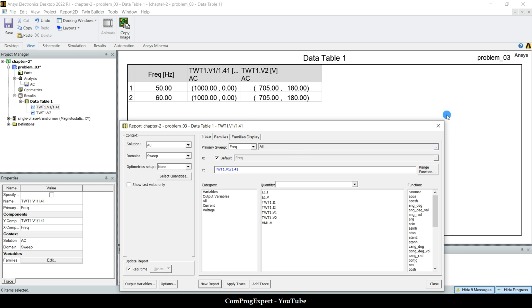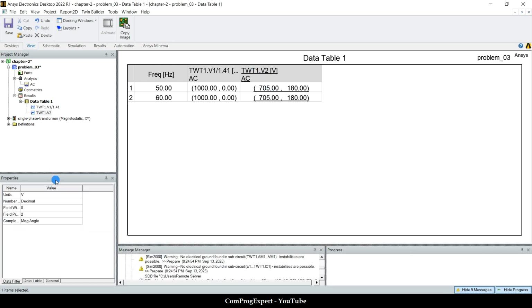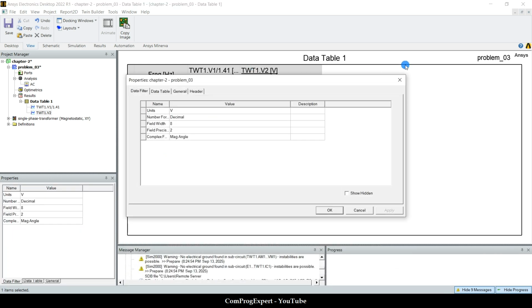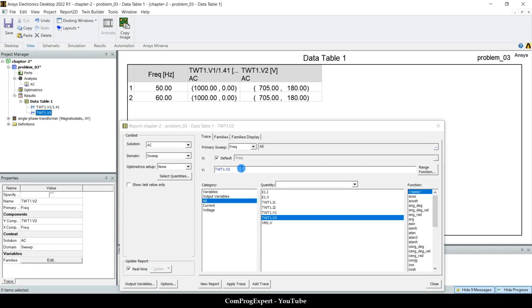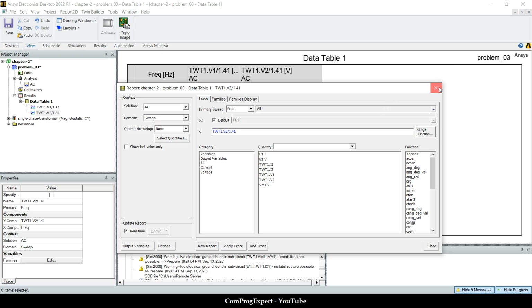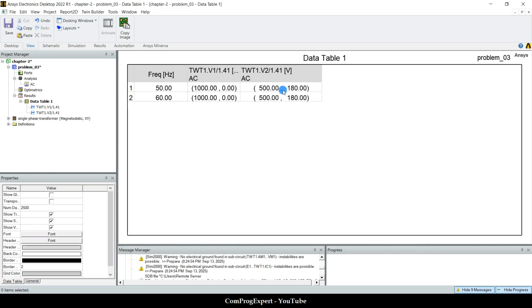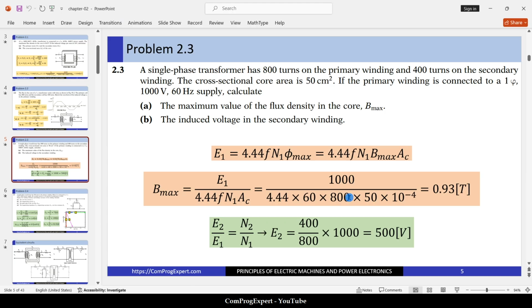So this is RMS, and let's divide this by 1.41, apply trace. This is also the RMS value. So 500 volt, this number.